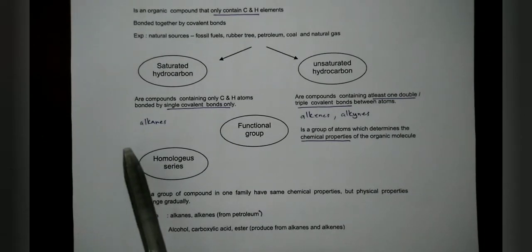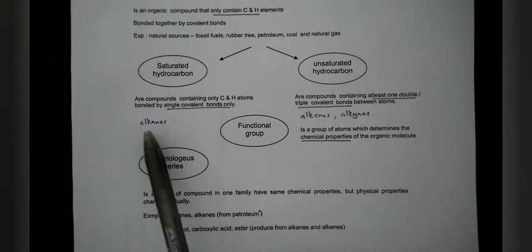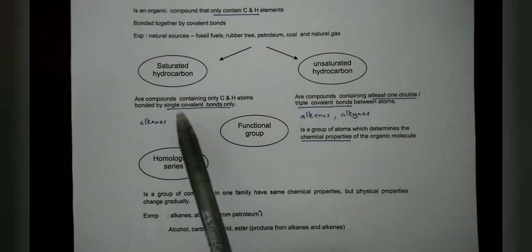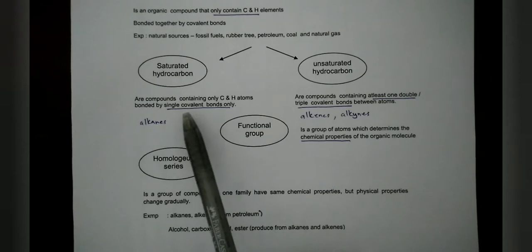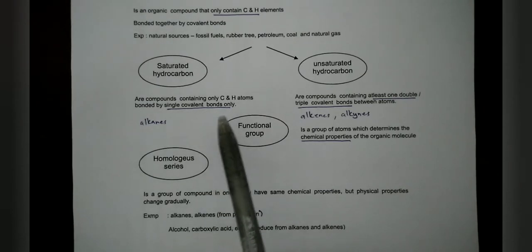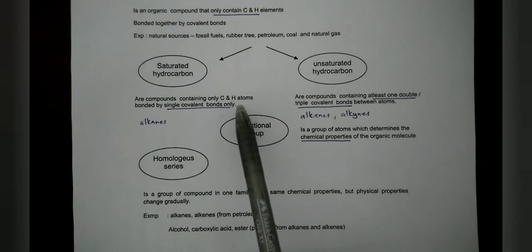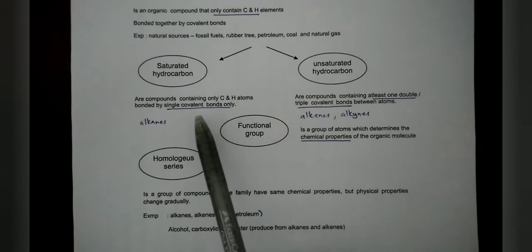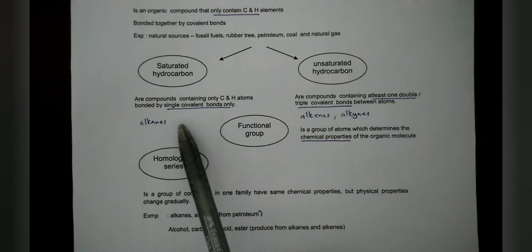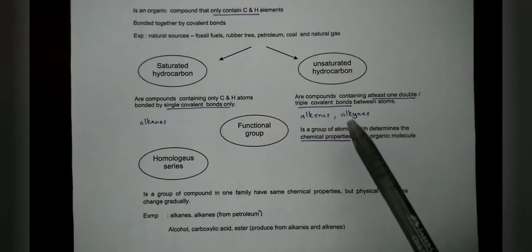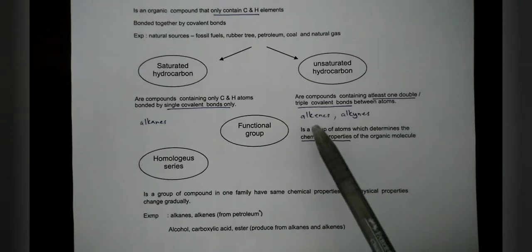Example of saturated hydrocarbon, alkane. Molecule of alkane only bonded by single covalent bonds between carbon and hydrogen atom, or between carbon with another carbon atoms. Here, the example of unsaturated hydrocarbon, alkenes.